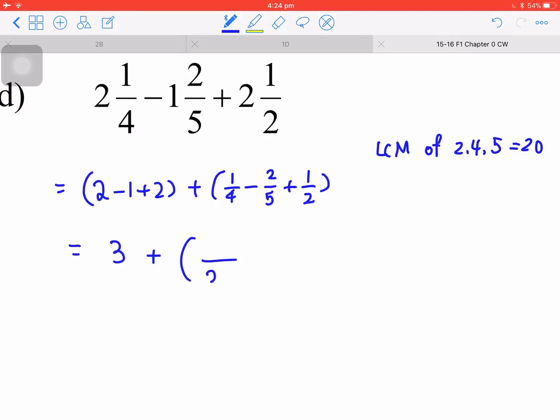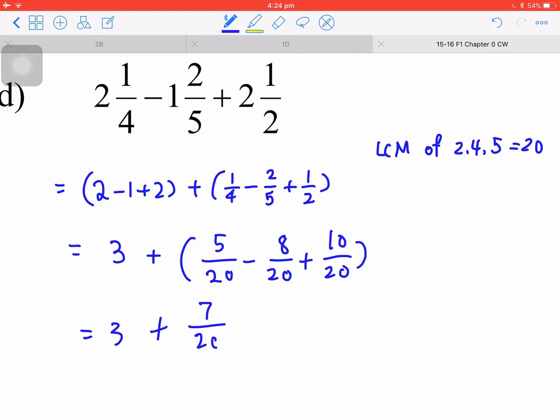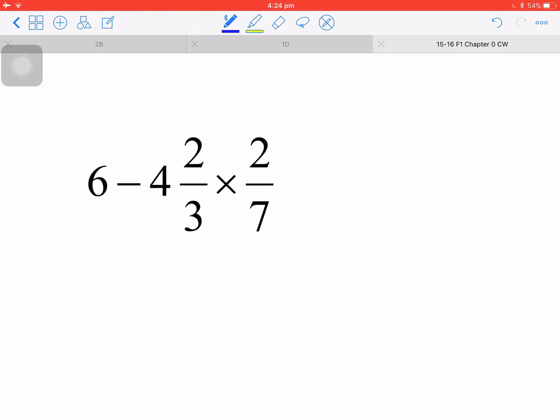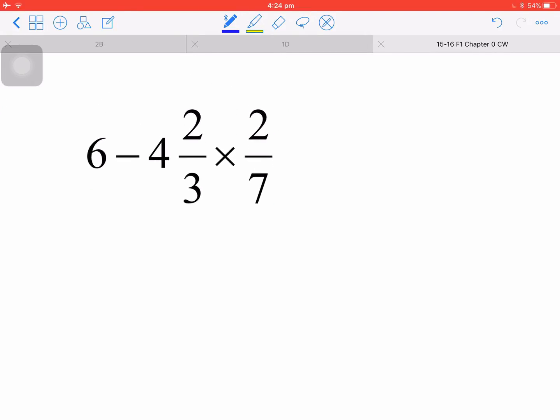So you expand it, you have 5/20, and 12, that is 8, and 10 here, so you have 3 minus 7/20, that is 3 and 7/20. The next one here, I have told you, you have to first handle this part.